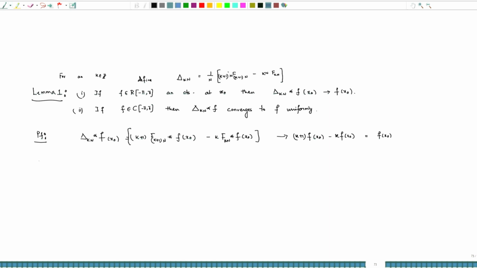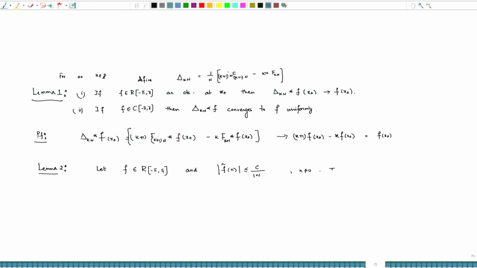Now, the next thing we would like to see is Lemma 2. Let f be a Riemann integrable function, and mod of f hat of n is less than or equal to c over mod n, for n not equal to 0, or even for that matter for large n.